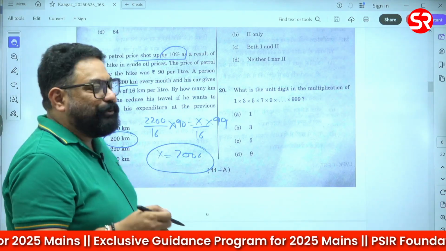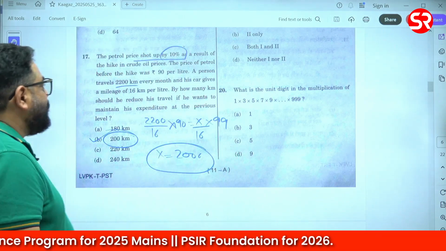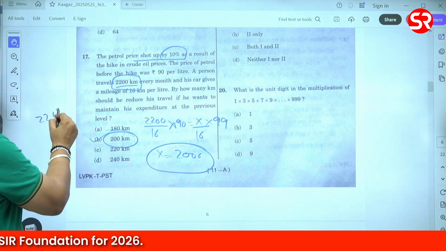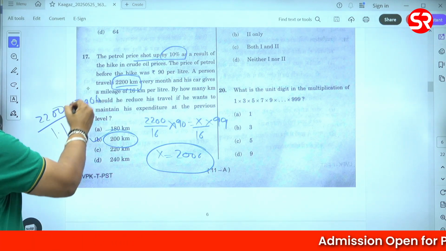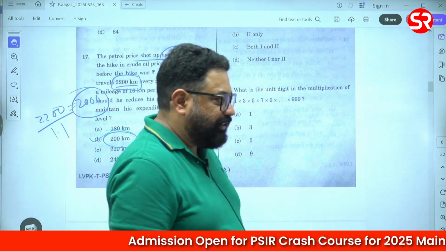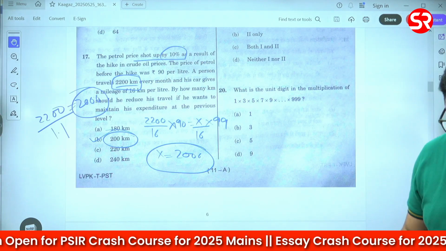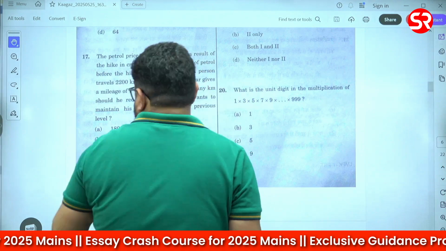Otherwise also, if you know this, petrol has increased by 10%, then to keep the same expenses, the distance would be reduced by 1 upon 1.1, now he would be able to cover 2000 kilometers. We have done increase and decrease percentages. So this is the same question and you should have done it, guys. ये तो कर लेना चाहिए था. This is a classroom question. चलेगा?